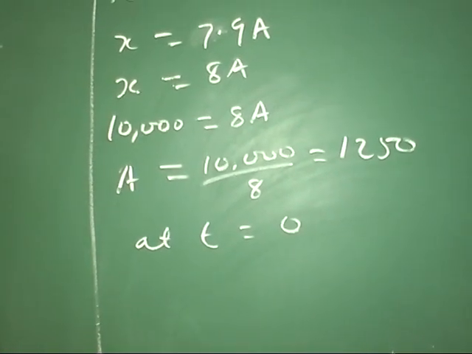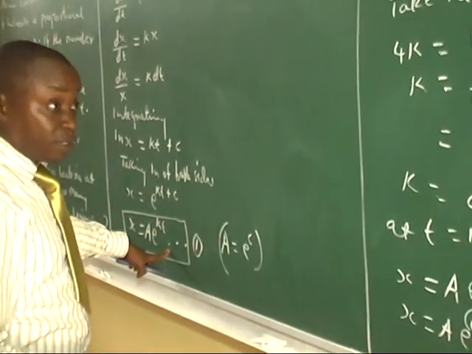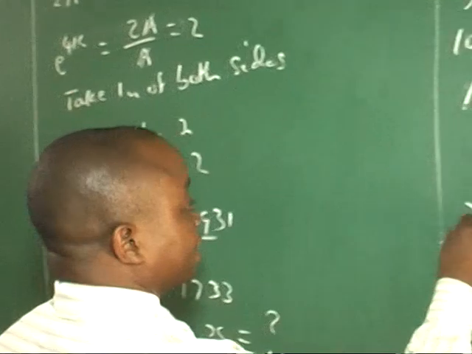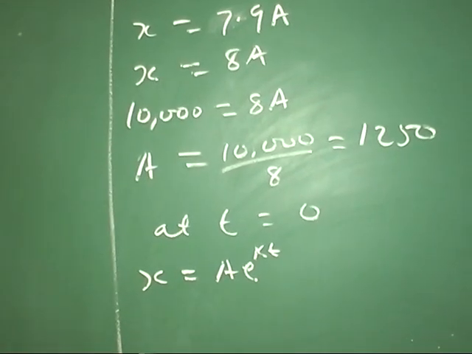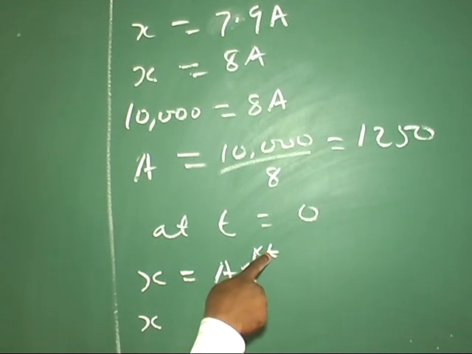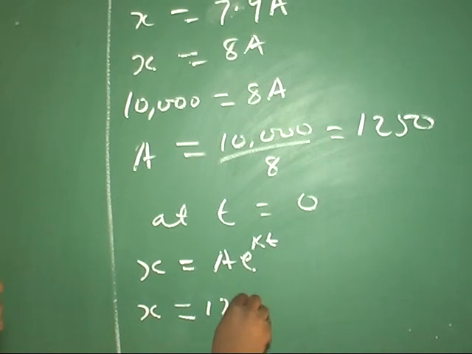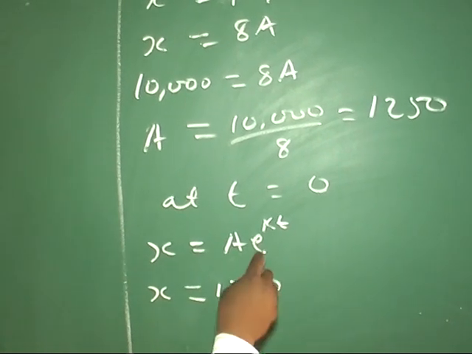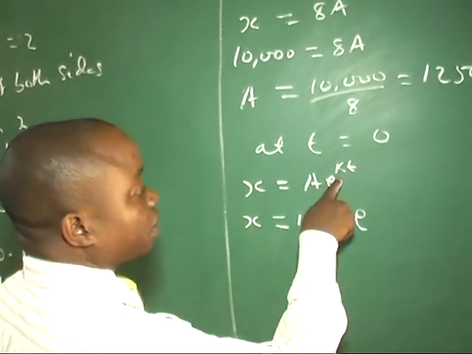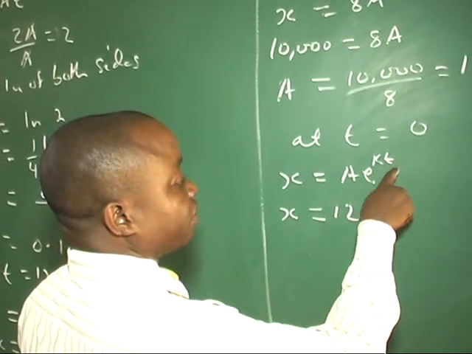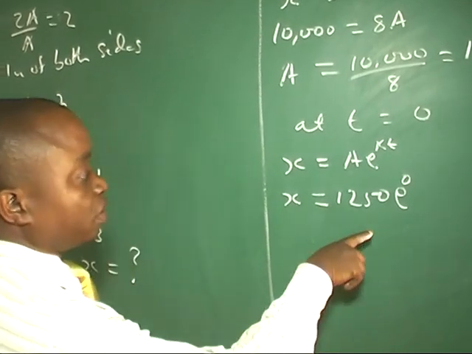You see, we will go back to equation 1. Equation 1 is very, very useful. At T is equal 0, we have that X is equal A exponential kt. So that X at T is equal 0, we have that A is 1,250, and then we also have exponential K times T. Of course, T will be 0.